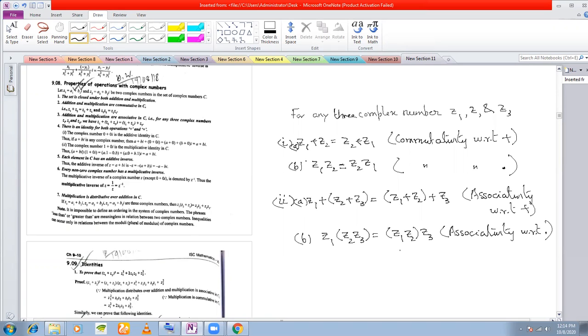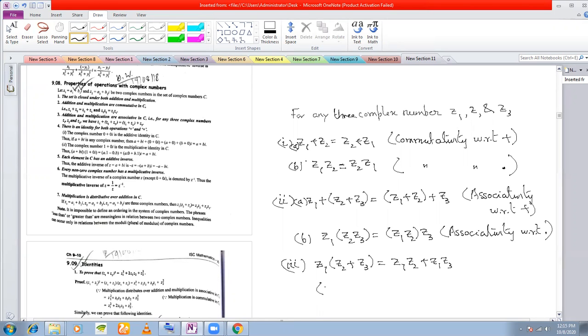Okay, and the final property that we need to know is distributivity, the distributive property. That is, if you have Z1 into Z2 plus Z3, you can write this as Z1 Z2 plus Z1 Z3.